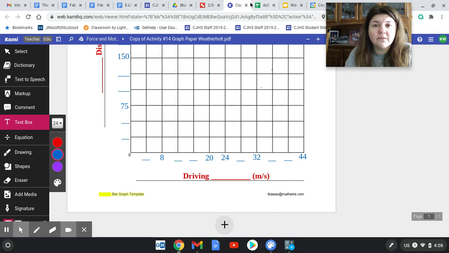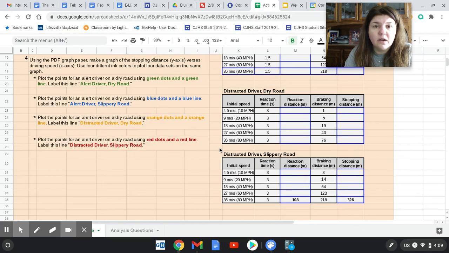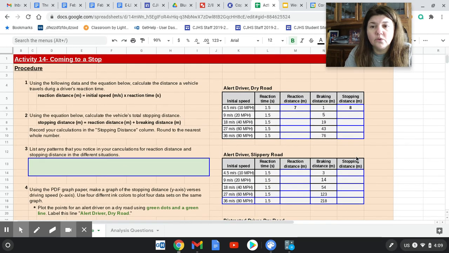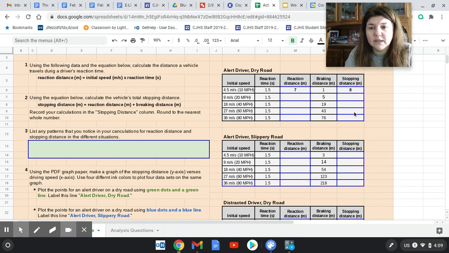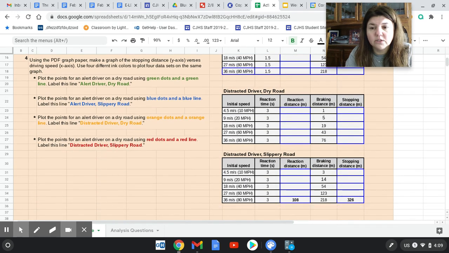And then we have to come up with our intervals and scale on the stopping distance. So you will have to look at your data through all 4 of these and find the largest number.